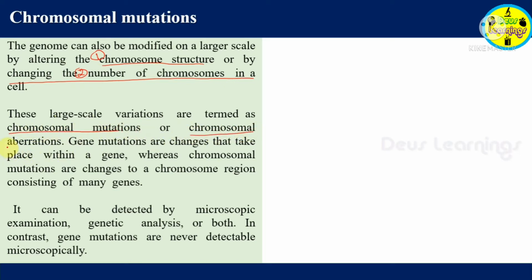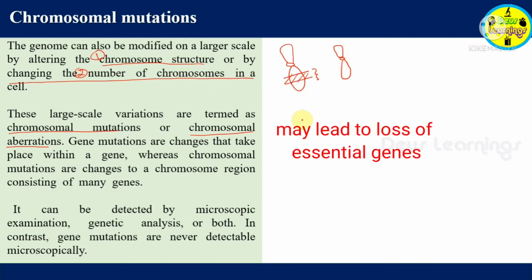If there is a change in chromosomal structure, let me make it for you: if we have a chromosome and suppose there is a deletion, this part is deleted, for example. The outcome will be that the chromosome will be shorter, and the genes which are here will be deleted, because of which the outcome will be different. Second, if the number of chromosomes is changed, there may be an addition or a deletion.